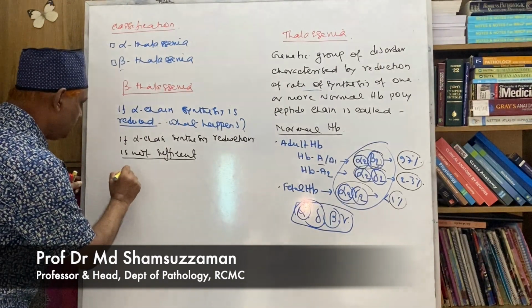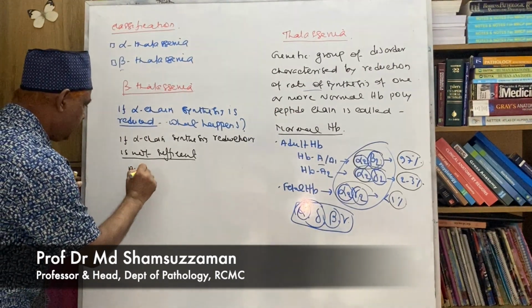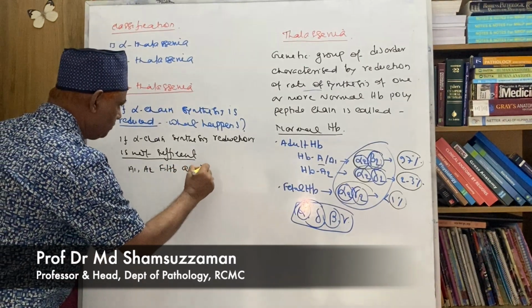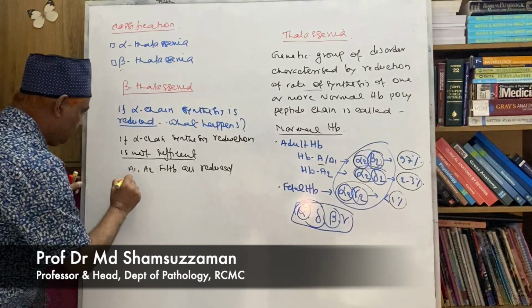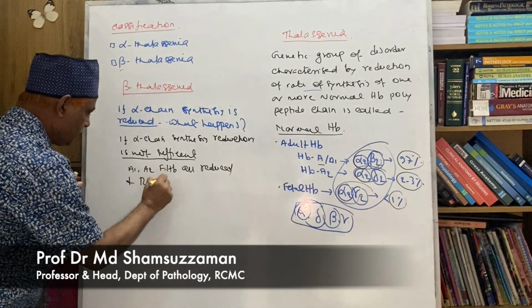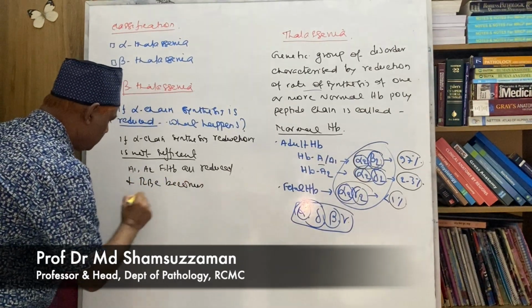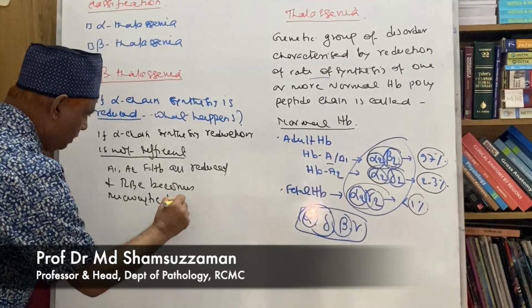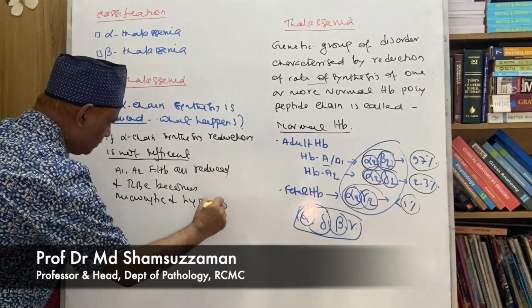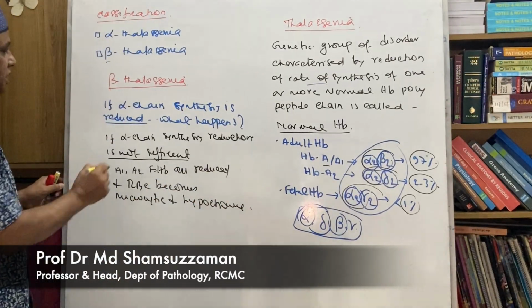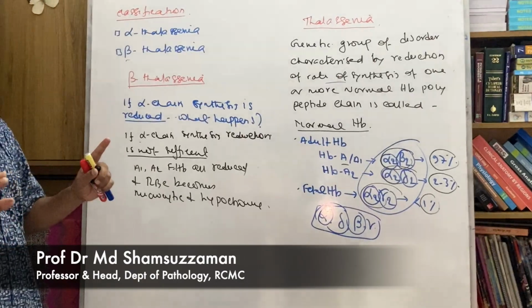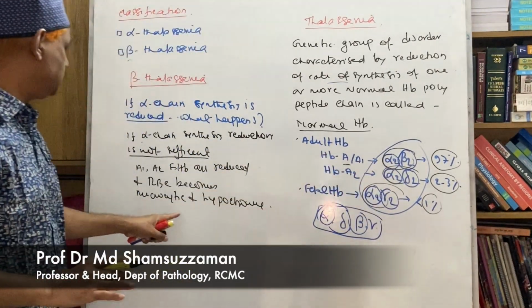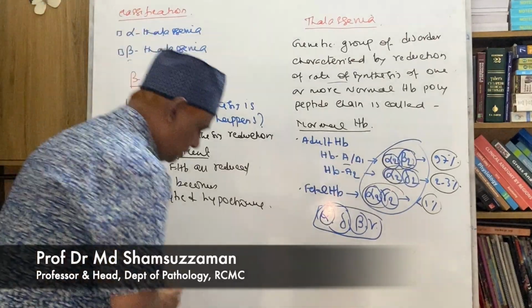So here A1, A2 and fetal hemoglobin all reduced, and RBC becomes microcytic and hypochromic. Dear friends, again, if alpha chain reduction is not sufficiently reduced, all the three hemoglobin will be reduced and ultimately RBC become microcytic and hypochromic.